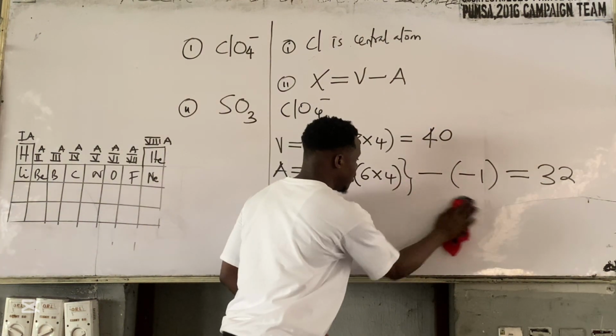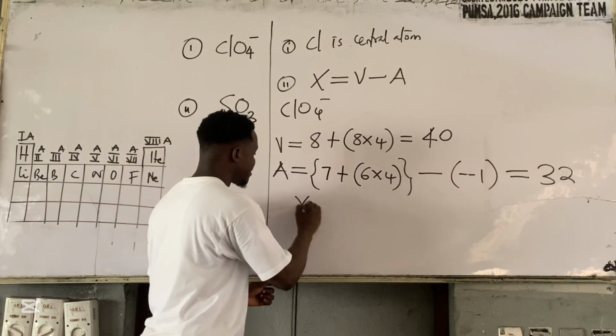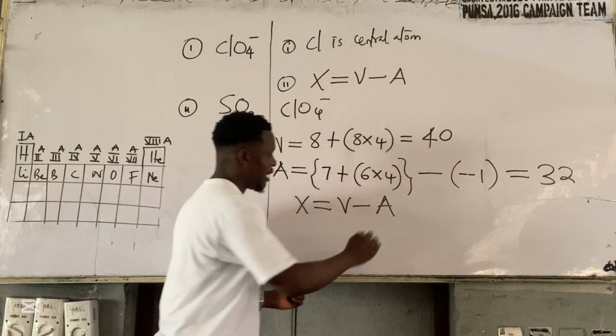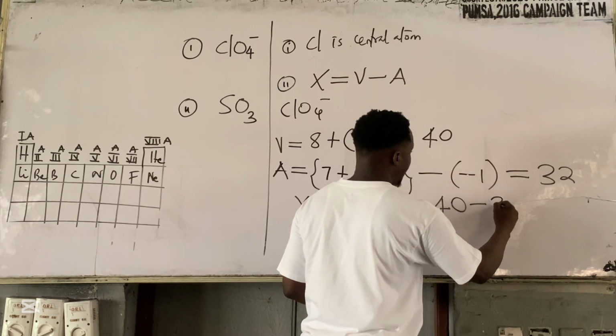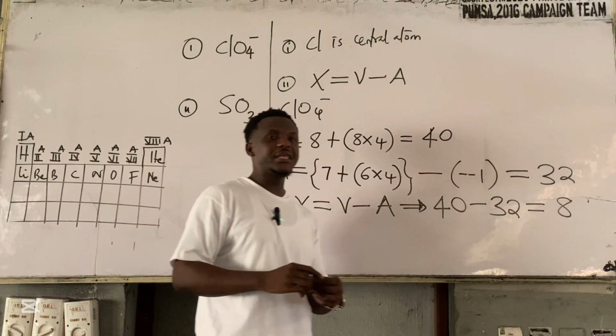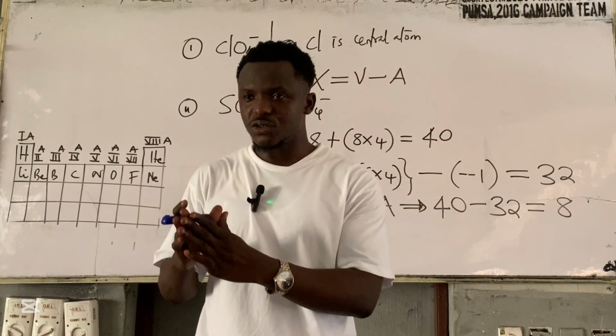Please, minus becomes plus, right? So my x becomes V minus what? A. Now, our V is how many? A is how many? This is equal to how many? 8. So what if they had asked me the number of shared electrons?